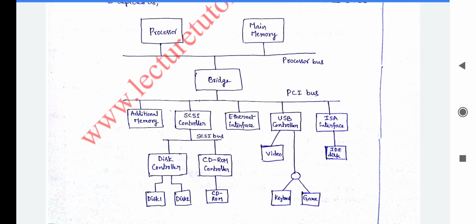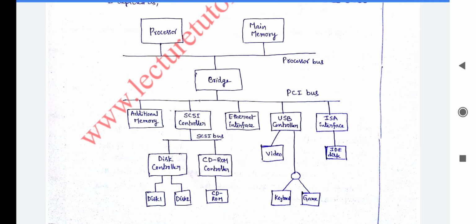USB controller may contain video, keyboard, game. ISA contains IDE disk. So just observe, for connecting different types of buses we need to use a bridge, right? It is just like that. Any number of devices we have to connect.